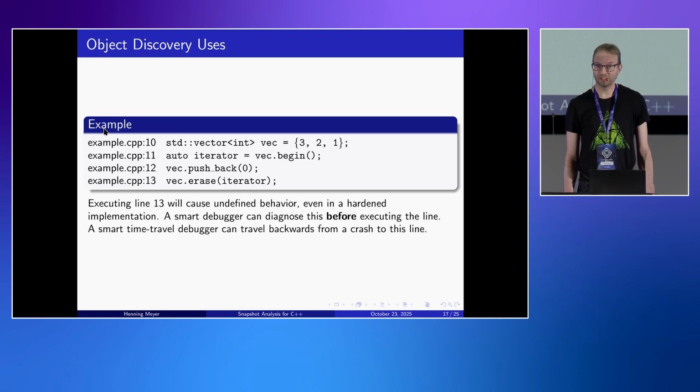So for this simple program, we have a vector, then we get the iterator, then we call a function that invalidates the iterator, and then we use the iterator. And this will not be caught even if you run a hardened implementation that will check out of bound accesses, because the iterator doesn't carry bounds information.